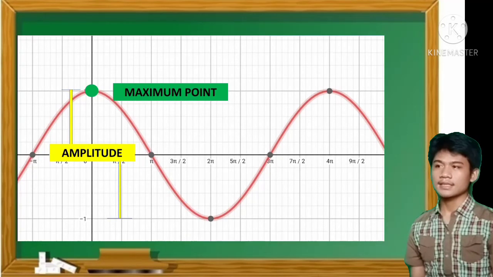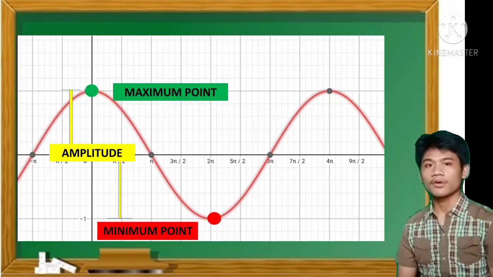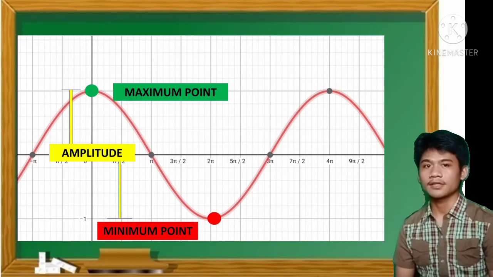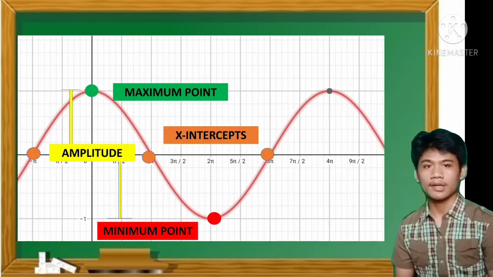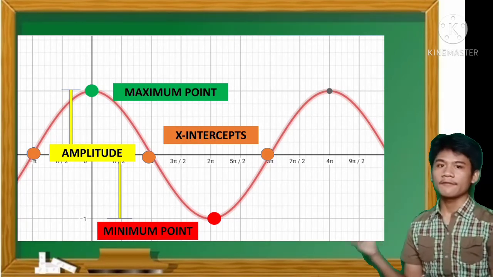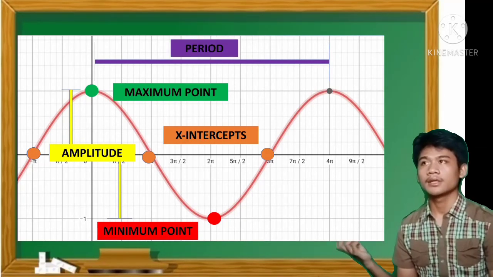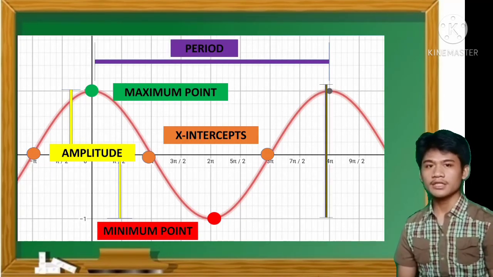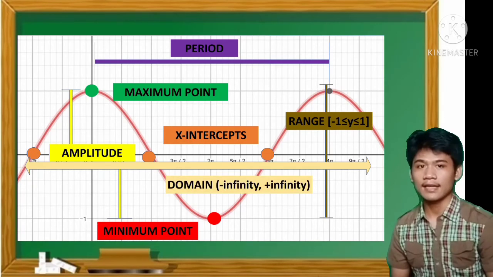The opposite is the minimum point, which is represented by a red dot. Then the orange points here represent our x-intercepts, and the violet line represents our period. Then the range is represented by the brown line, and the domain is represented by a light yellow.